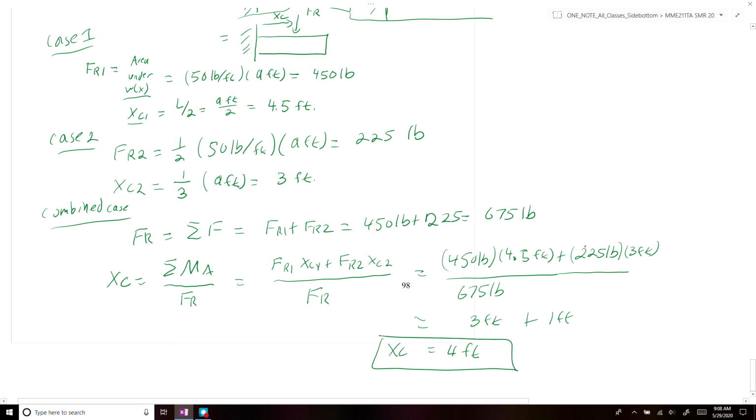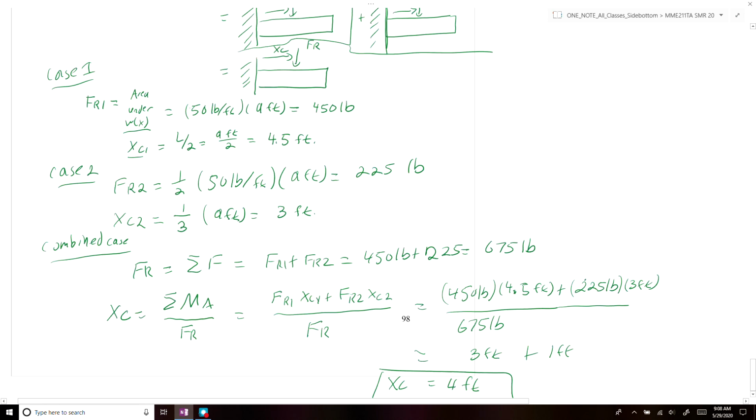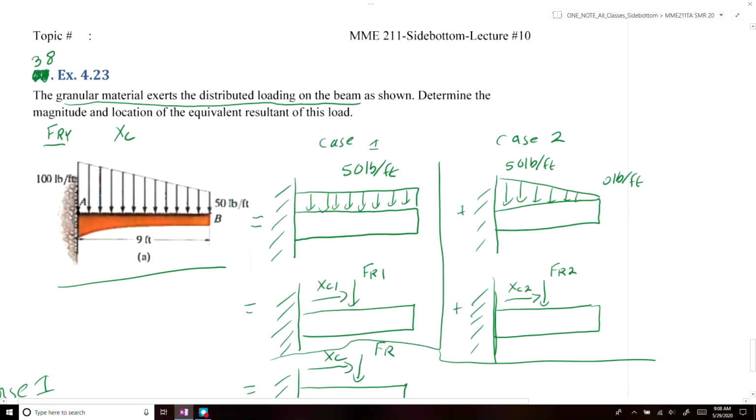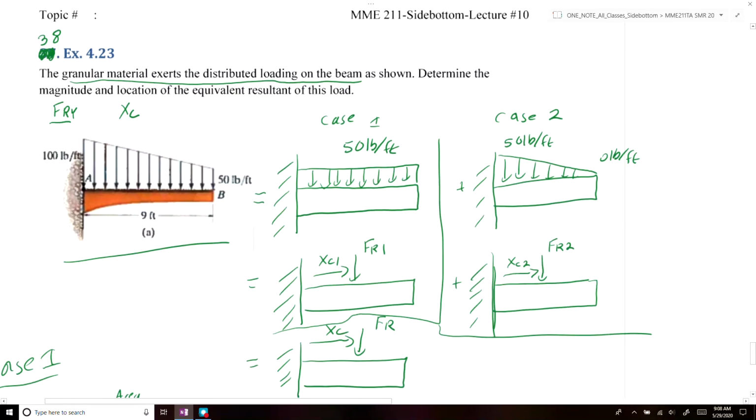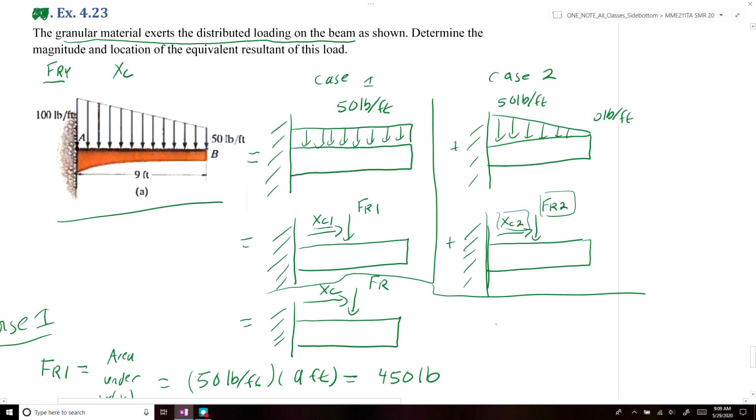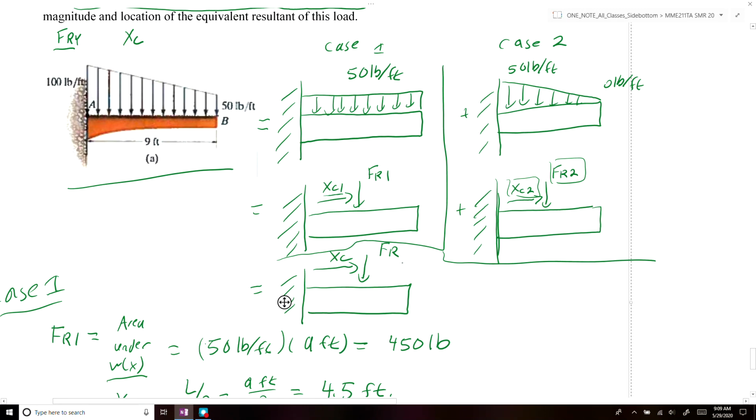All right. So to wrap up what we did here, we broke our distributed load into two simple shapes, and for each of the simple shapes, we determined the concentrated force and the location of where that concentrated force was. And once we had these two concentrated forces and moments, we summed the two forces together, FR1 plus FR2, to get our total resultant force.